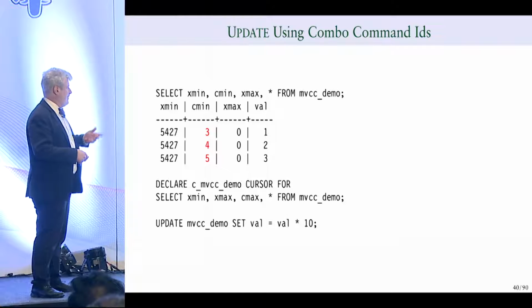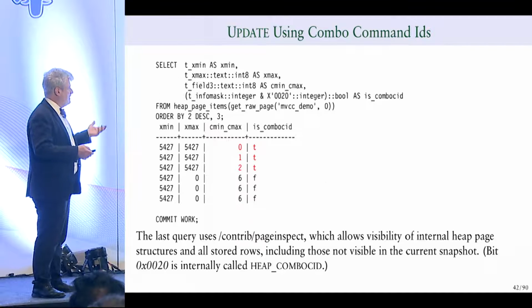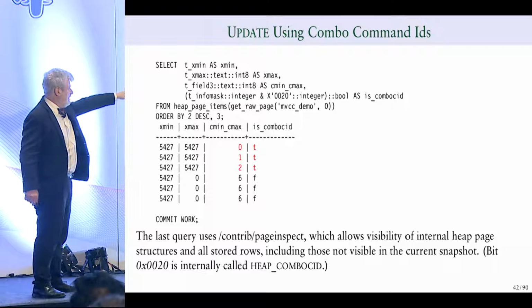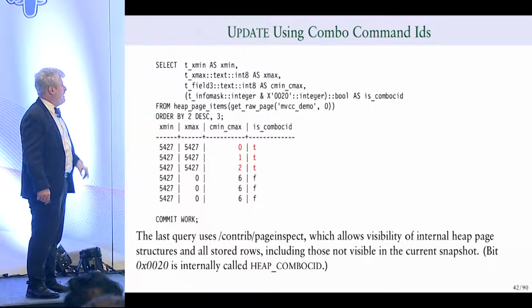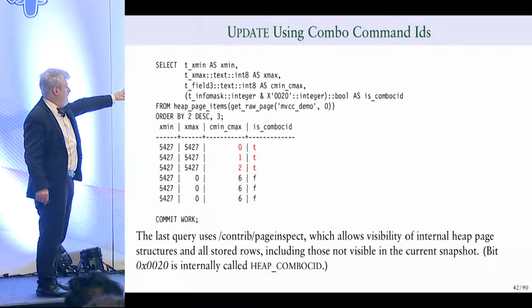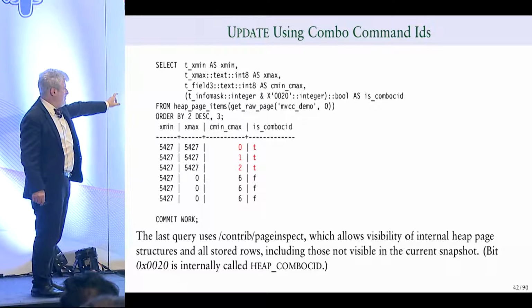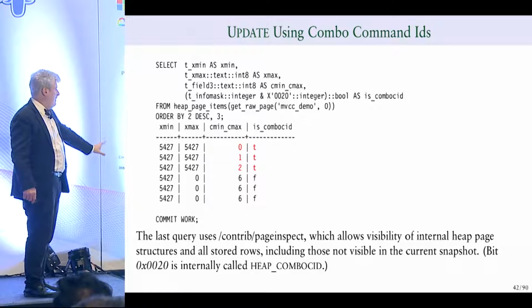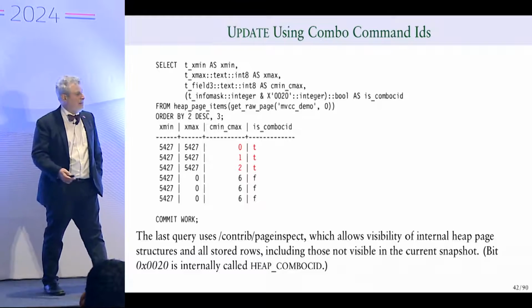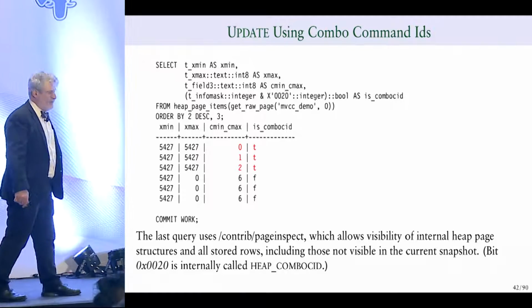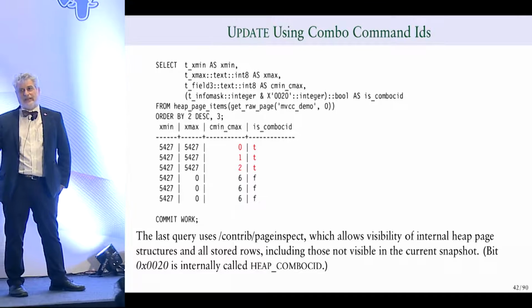And again, I'm showing you what that looks like, using the internals page inspect. I can show you the old versions of the row here, the first 3, and then the new versions of the row, and how that works. Again, this is very detailed, not really relevant all the time. You just need to realize that we do have facilities to handle this.